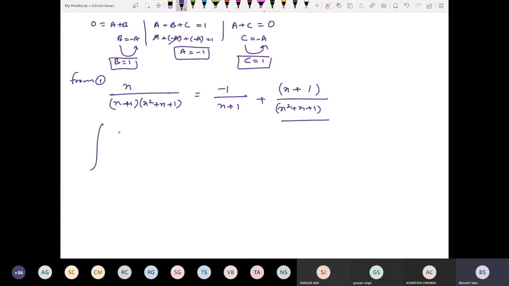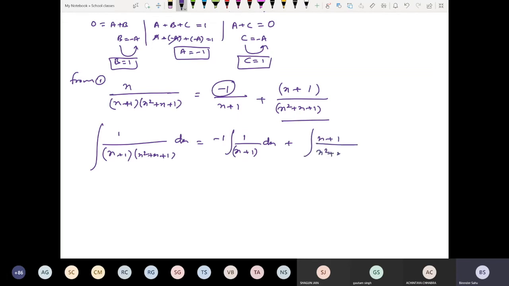See, we are just integrating both sides. Minus 1 will be taken outside. Here x plus 1 over x square plus x. See, this is easily integrable.